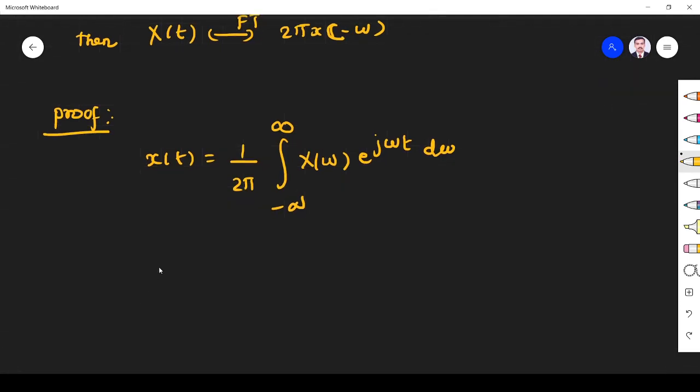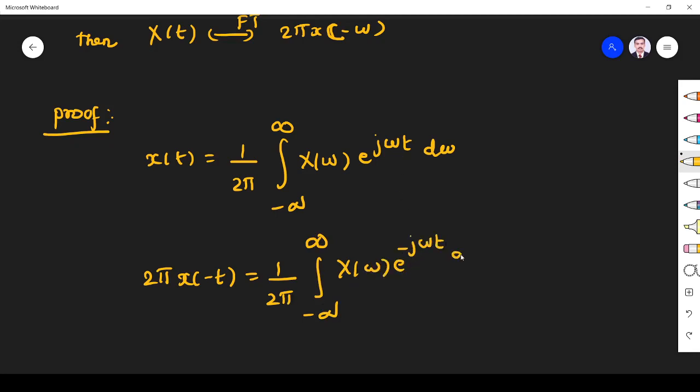Now I bring this 2 pi to the left and convert t into minus t, so 2 pi x of minus t equals the integral of X of omega e power minus j omega t d omega. The 2 pi on the right goes, since I already brought it to the left-hand side.